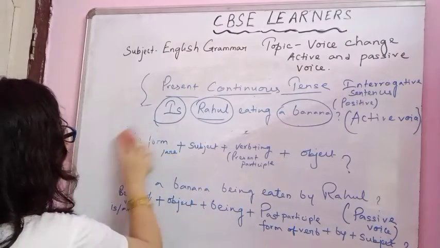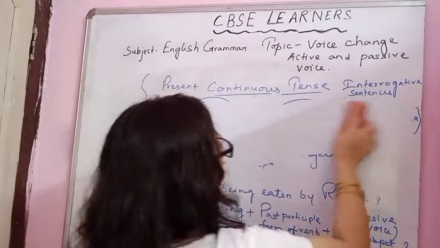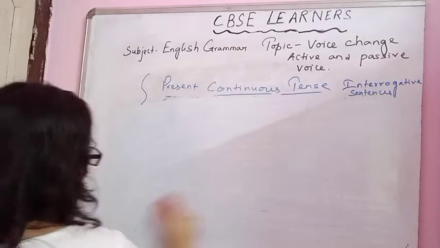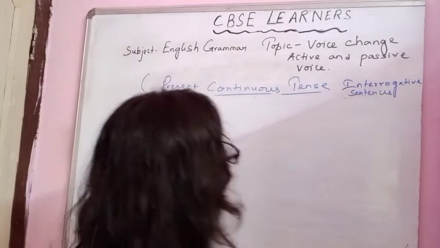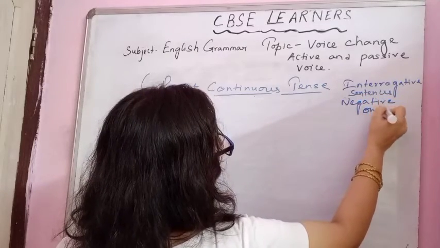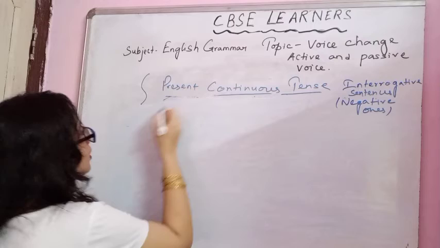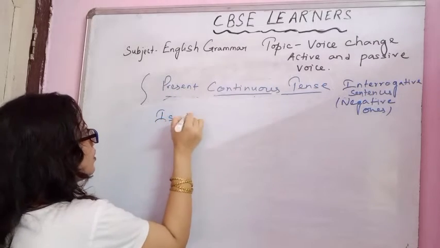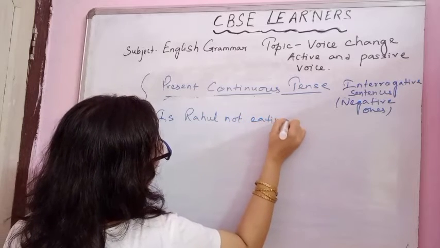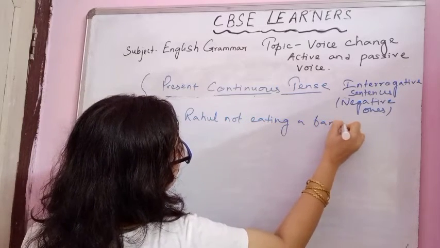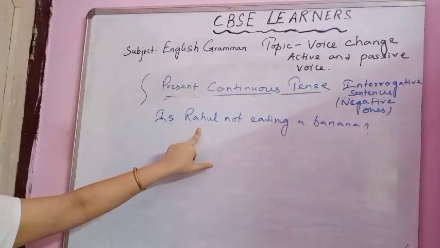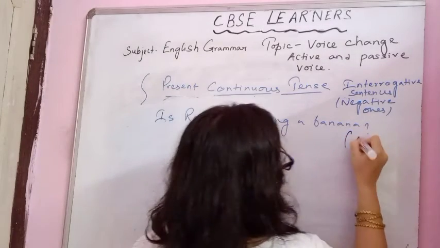So let's see the interrogative sentence in the negative. The sentence will be the same: "Is Rahul not eating a banana?" This focuses on the subject, so it is in active voice.